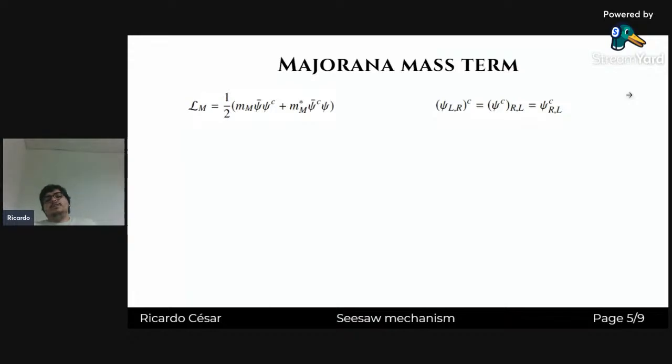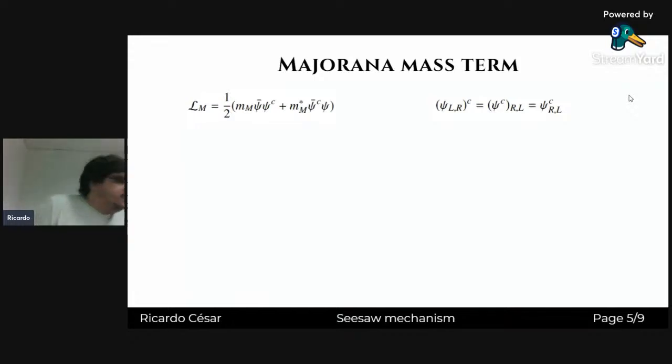Okay, one of the characteristics of this charge conjugation is the change of chirality of the fields and the change of particle to antiparticle. So when you operate this charge operation, a particle becomes an antiparticle, and the chirality, if it's left, becomes right.